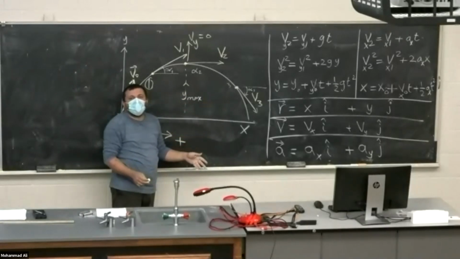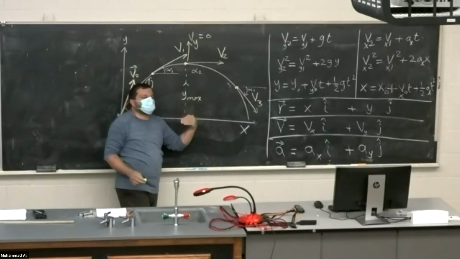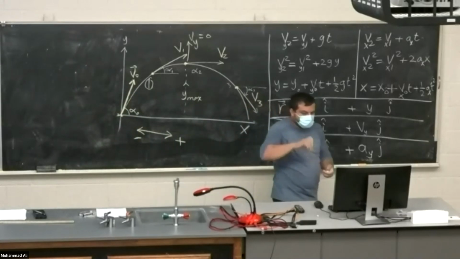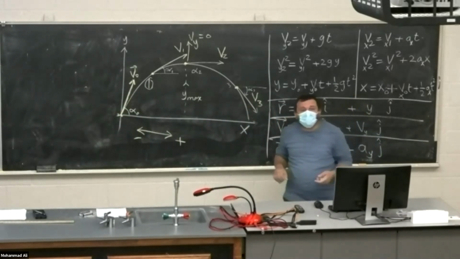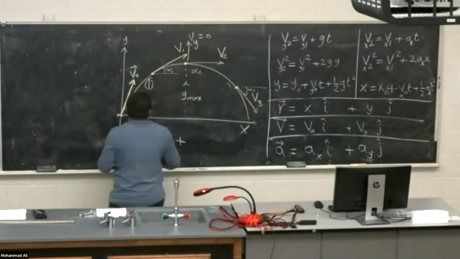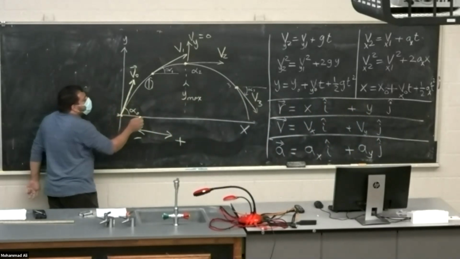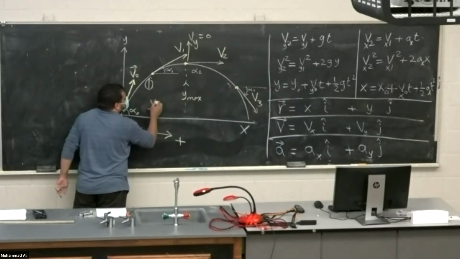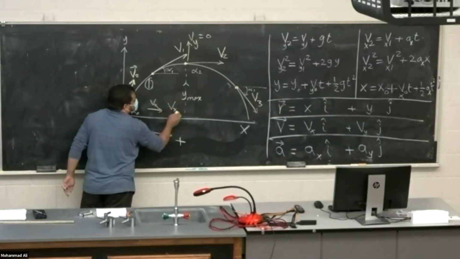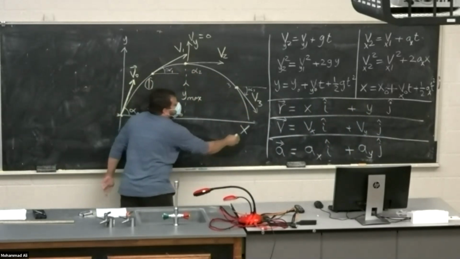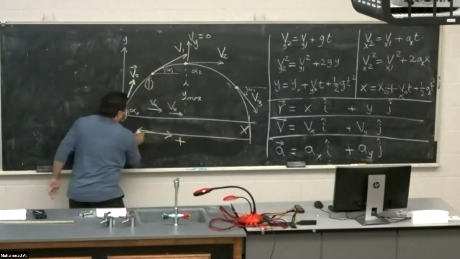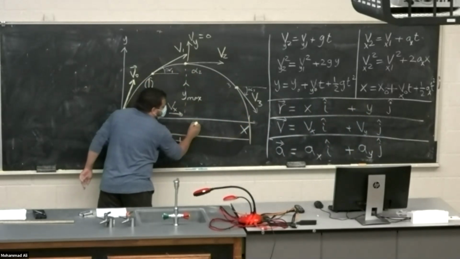Also, we don't have any force that will decrease the velocity in the X direction. So the velocity in X will be constant. So Vx will stay the same over the whole range. The maximum X distance, we can name it the range.